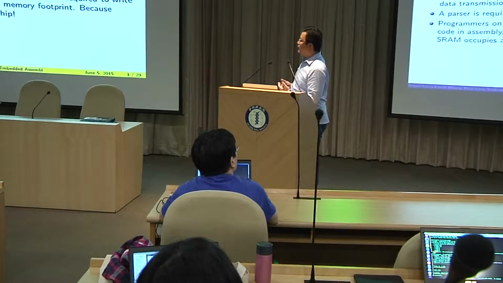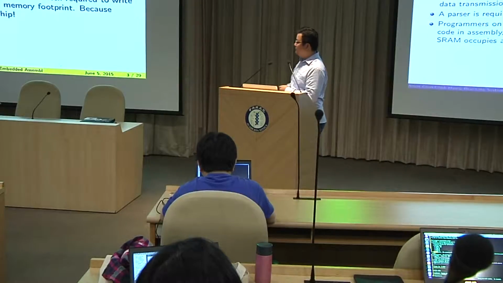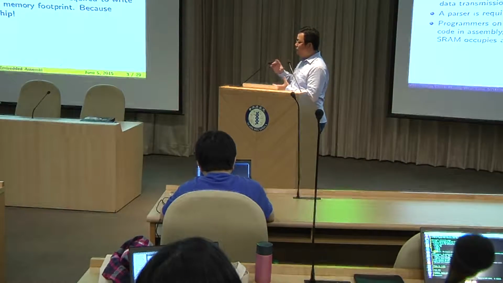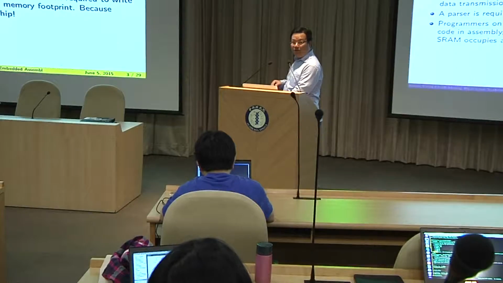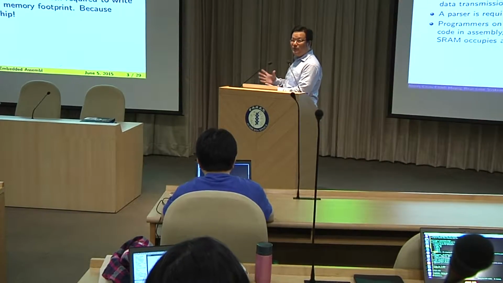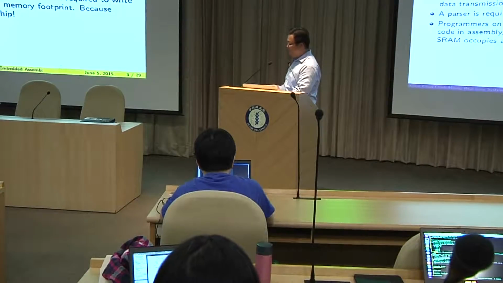So programmers like me often need to write the code in assembly because we need to reduce memory footprint. On the chip, SRAM occupies a lot of area, and that means a lot of money. So we're forced to do that.